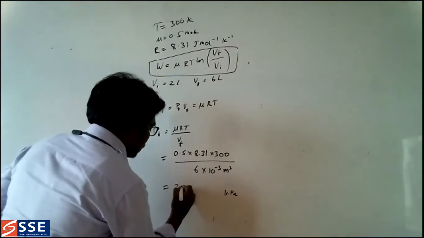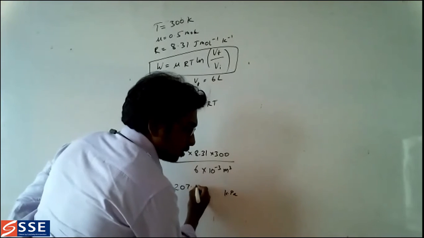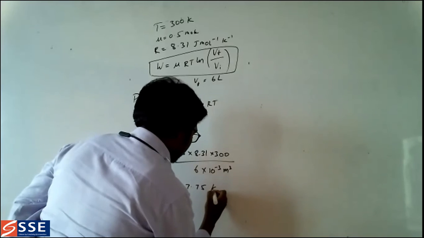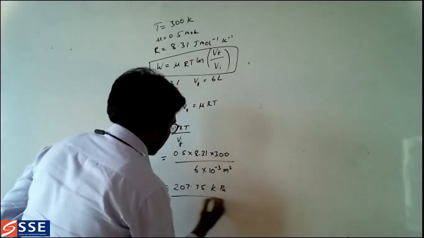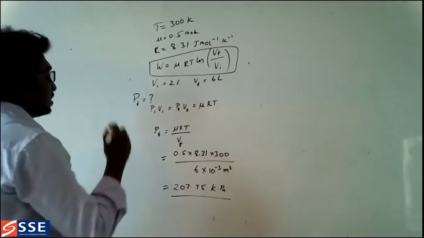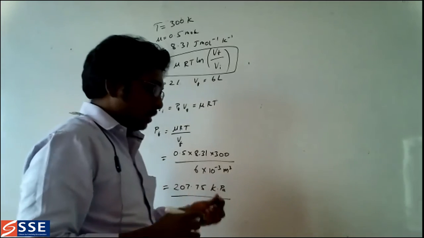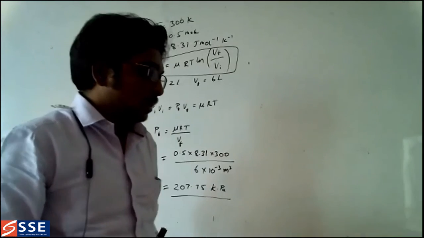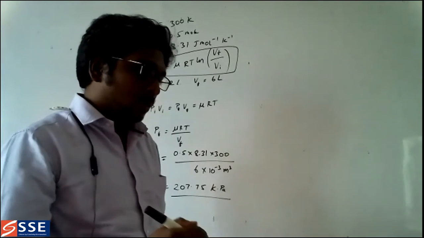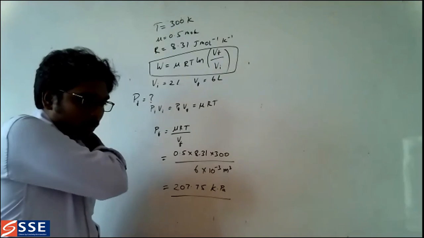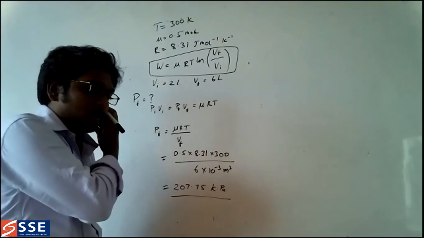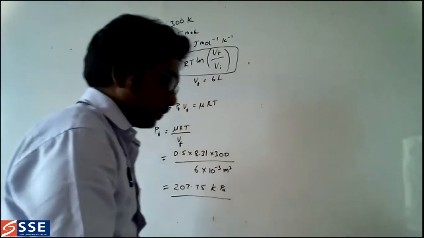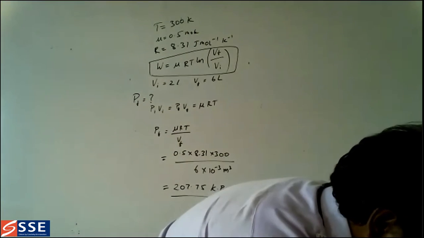So the answer is 20775 kilopascal. So first we found A is work done and B is heat added. Then we solved it by Q is equal to W. Now we solved the isothermal process for finding the final pressure. That's it. So we go to next.